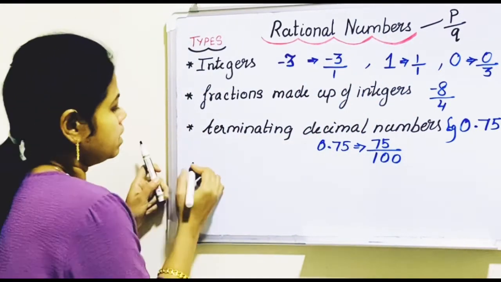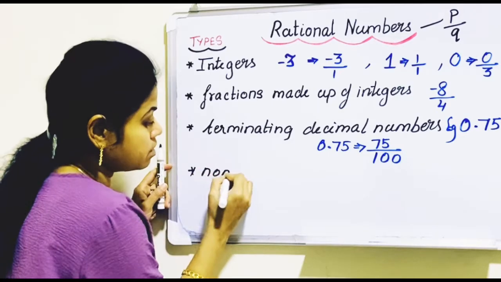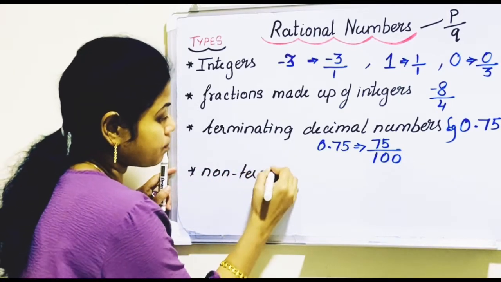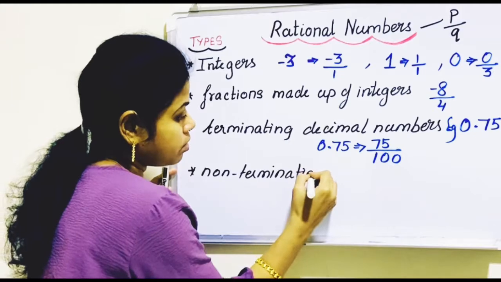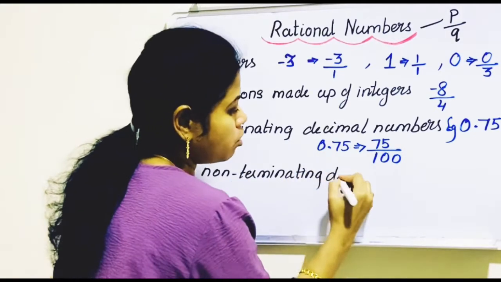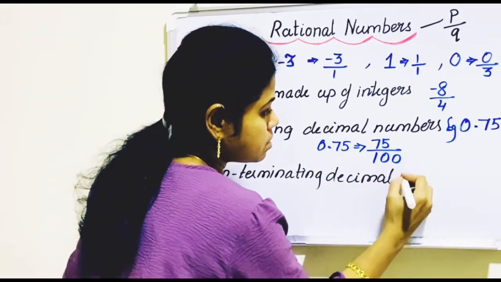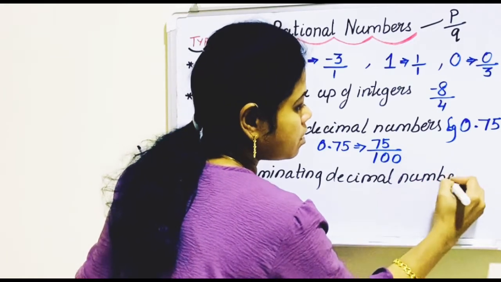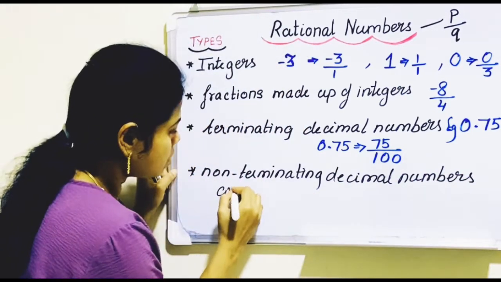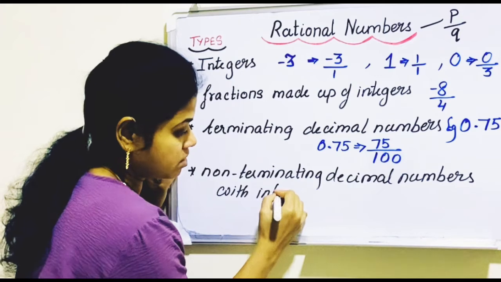Next type is non-terminating decimal numbers with repeating patterns.